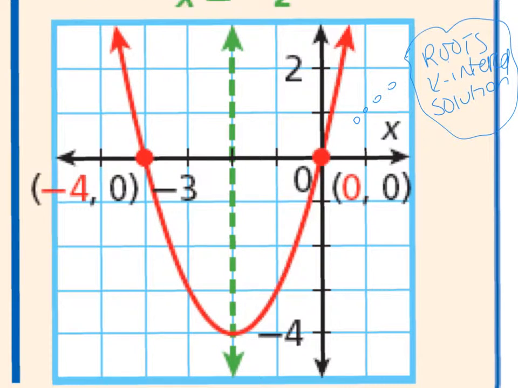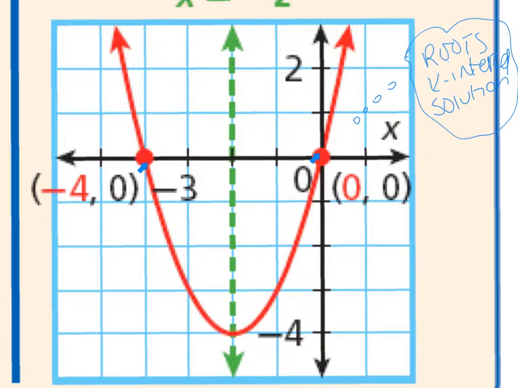And if you can see that the x-intercepts are, for example, in this case, -4, 0 and 0, 0, you know that the axis of symmetry has to be the vertical line that is halfway between these 2 points.